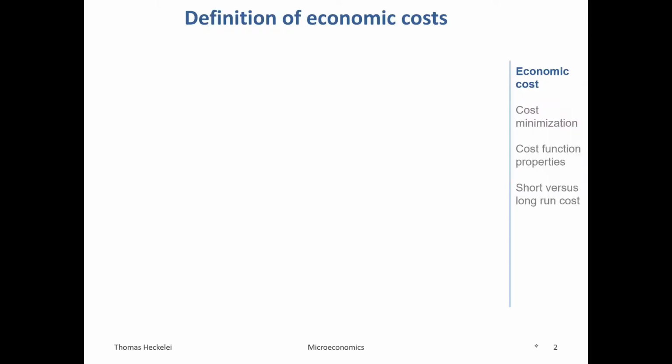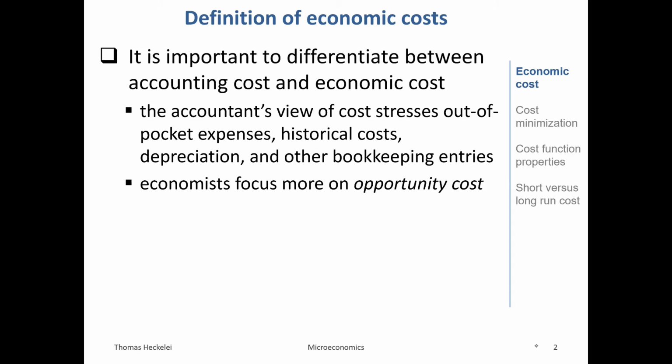Let's go. Before we talk about cost minimization, it is important to make clear which cost we're talking about. So for that reason it is important to differentiate between accounting cost and economic cost. The accountant's cost deals with the out-of-pocket or historical expenses.